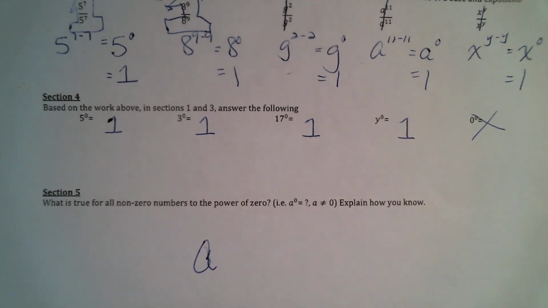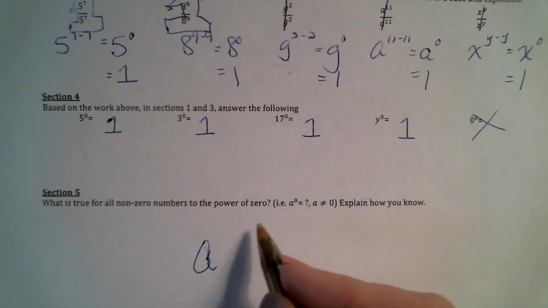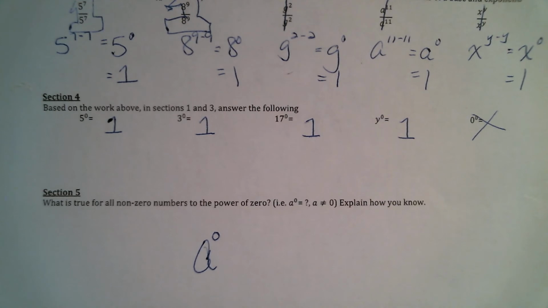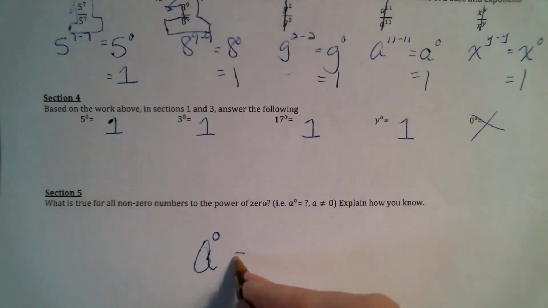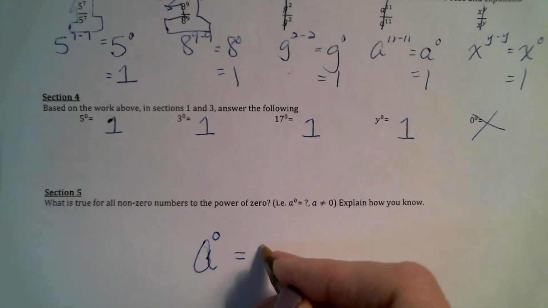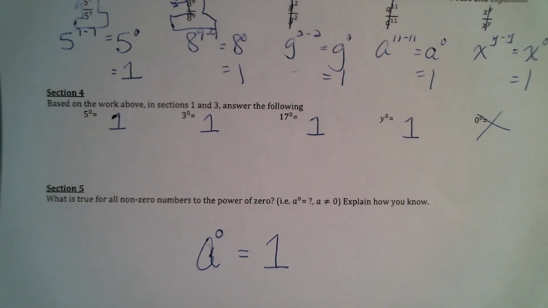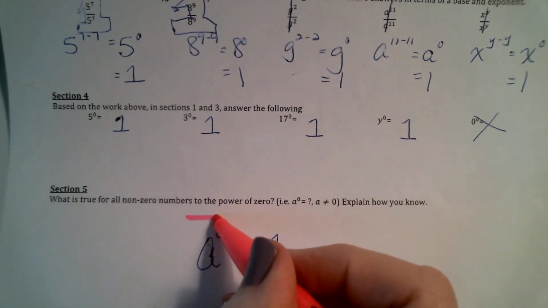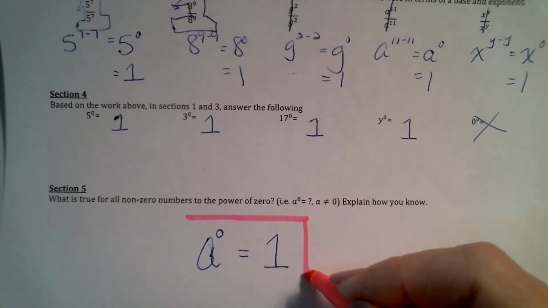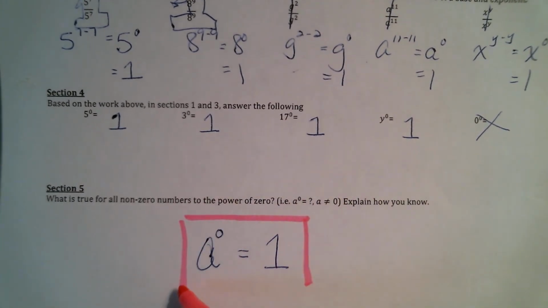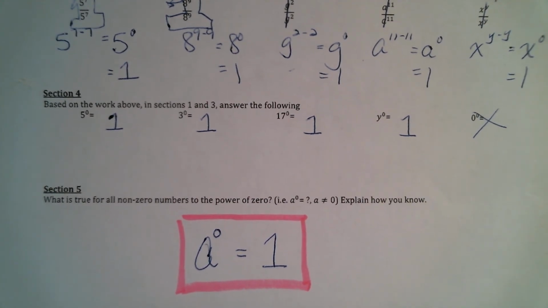Any number, we'll just say A for any number, raised to the power of 0 would equal what? Always 1. So this is one of our exponent properties. Okay, and in the next part of our lesson, I'm going to be having you write this down. This is just the start of lesson 10, knowing that anything to the 0 power is 1.